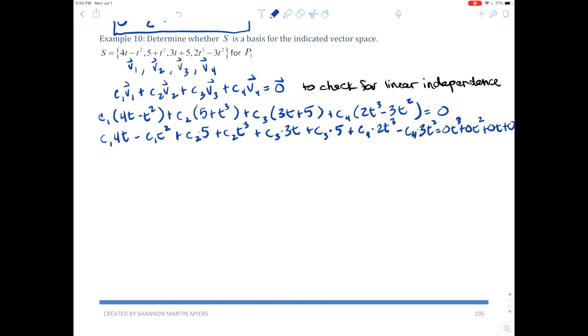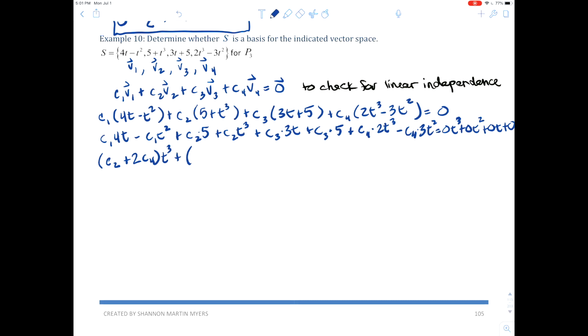All right, so starting with factoring out the t cubed to the right, let's see what we'll have. We'll have a C2, and then we'll have plus 2C4.